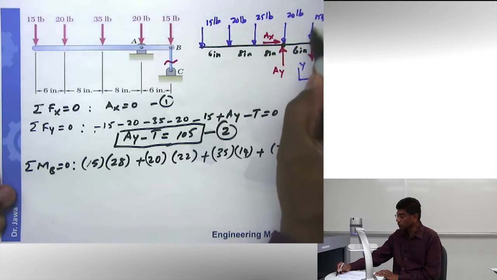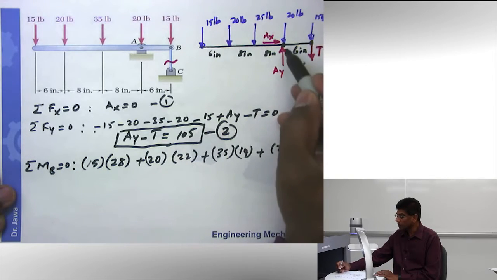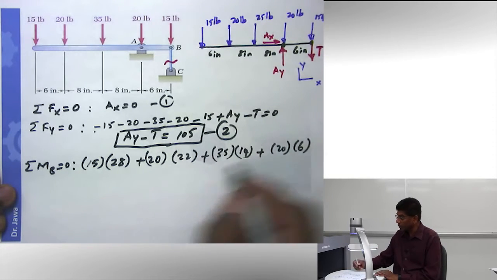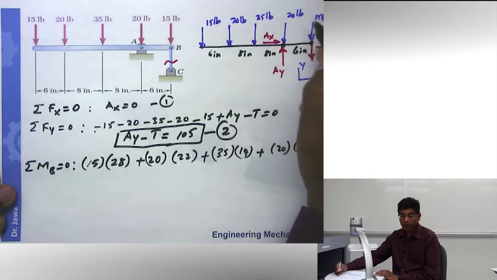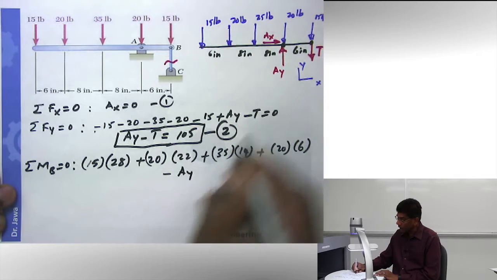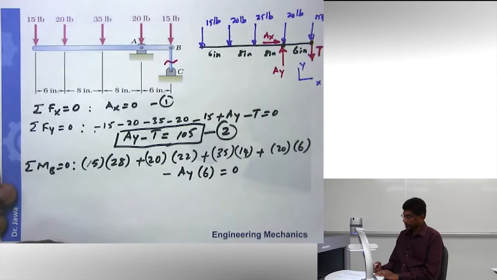Now this 15 pounds force won't give any moment because it is right here. T won't give any moment. And A_X obviously won't give any moment. So the last unknown support reaction left in this particular equation will be A_Y, which is actually going to give you a clockwise moment. Why? It's directed upwards. So it's going to be negative A_Y times 6 equal to 0.